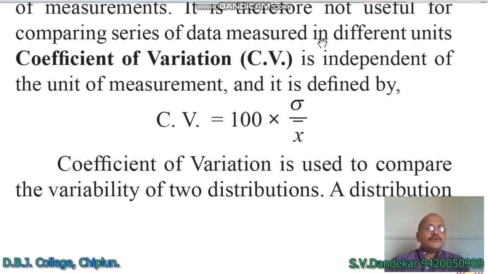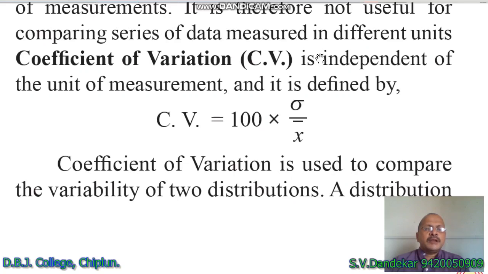If different units are used, we cannot compare them unless we know the exact relation between the two units. Therefore, we cannot directly compare the two data when they are using different units.